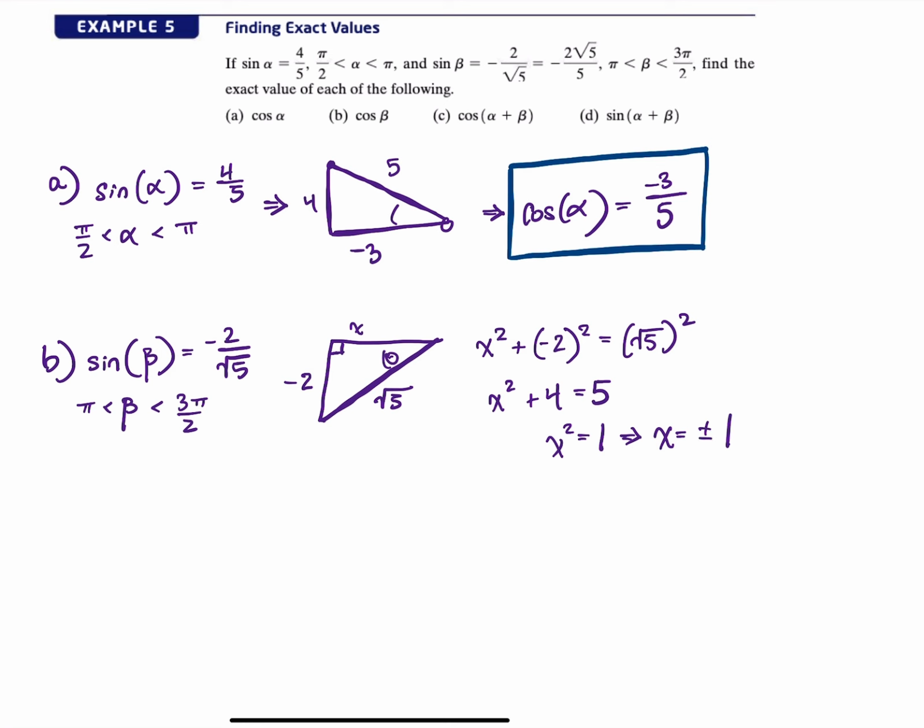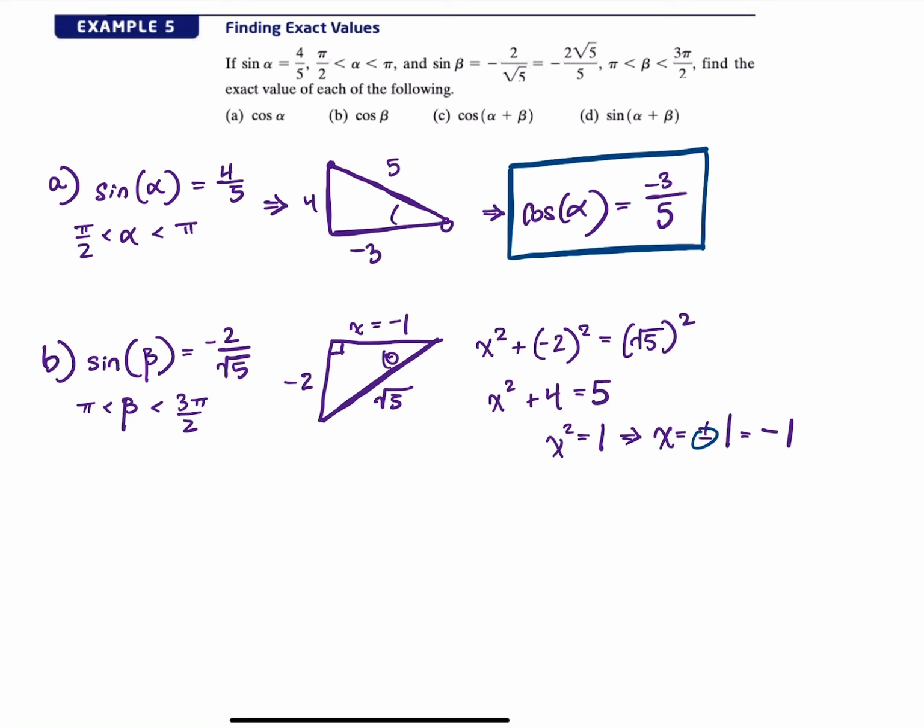But since we are in the third quadrant, we're saying x, this distance here, should be negative. Both x and y should be negative. So let's take this negative version, negative 1. So I'll fill that in here, our missing side length.